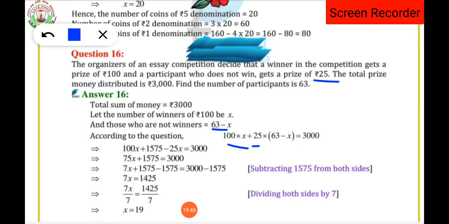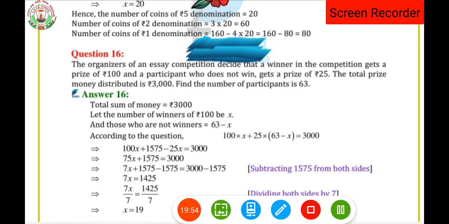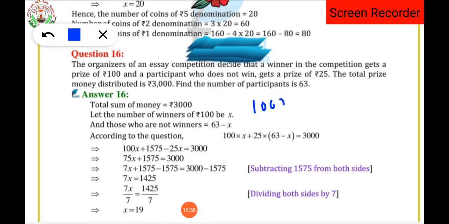Okay, so here we are going to do the calculation. 100 into x will be 100x, plus 25 into 63 will become 1575, minus 25 into x will be 25x, is equal to 3000 rupees.